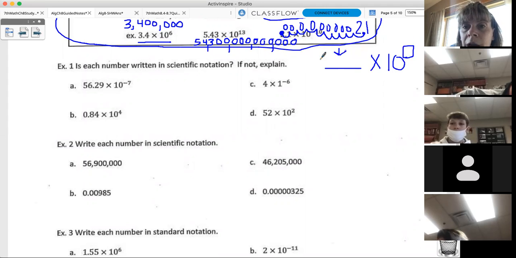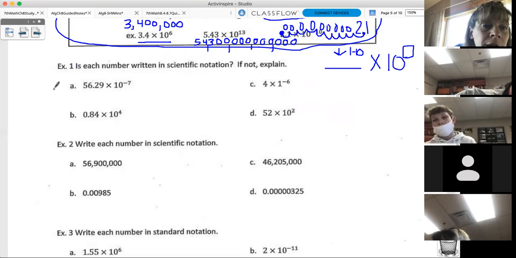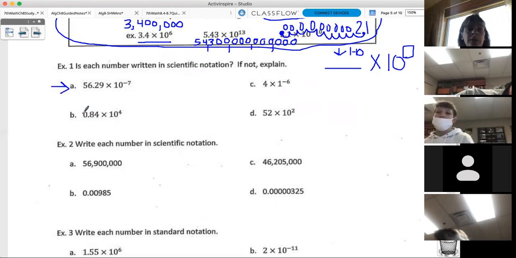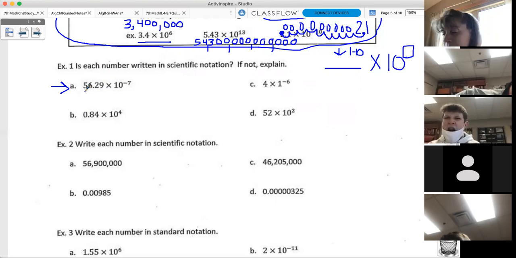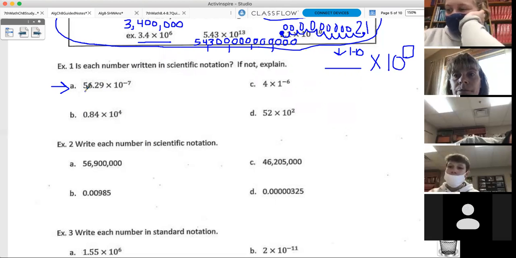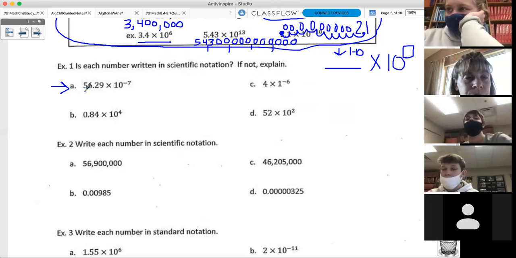This number right here has to be between 1 and 10. Let's take a look at this. Example 1: is each number written in scientific notation? Remember, it has to have those two parts. The first number has to be between 1 and 10. Is 56.29 between 1 and 10? Right, Maddie?